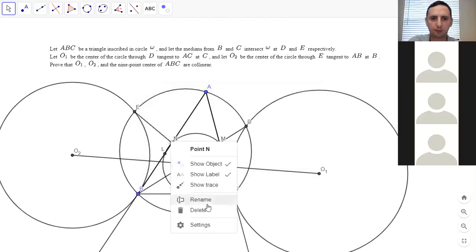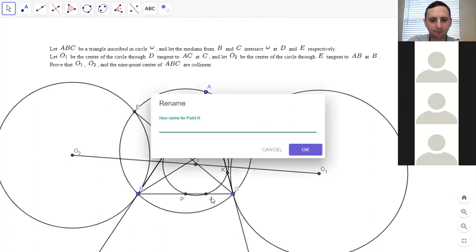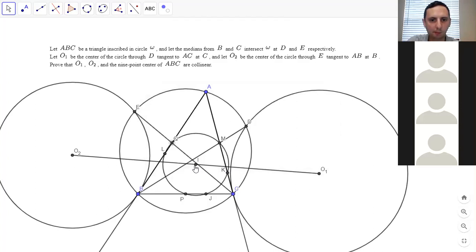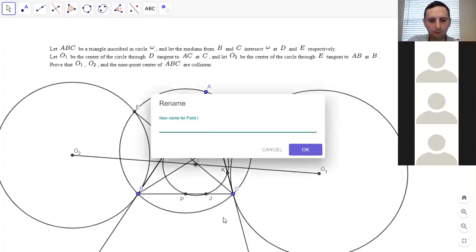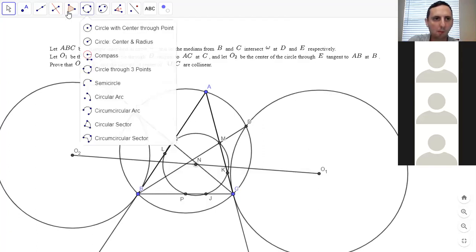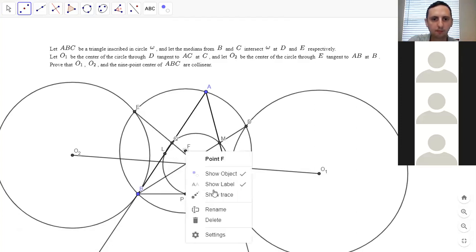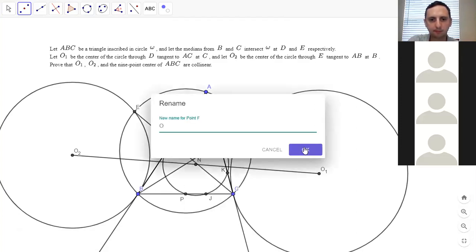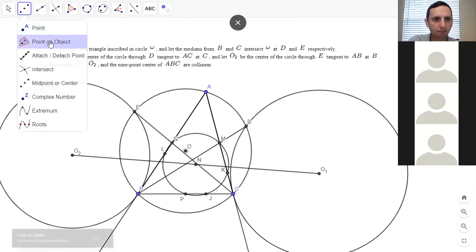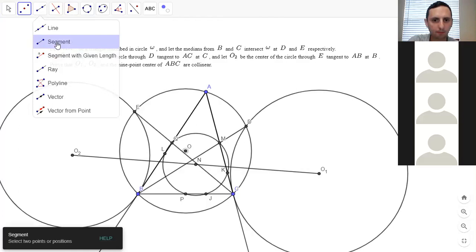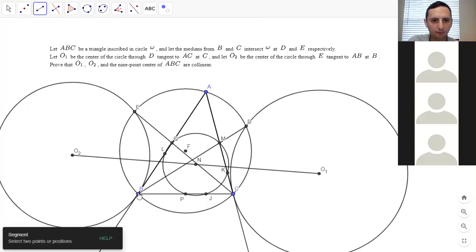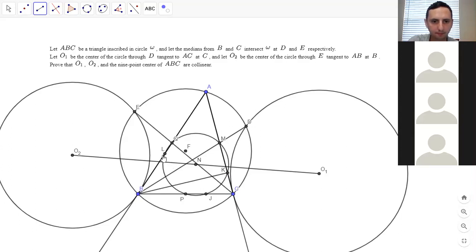I want the 9-point center to be N. So here's the altitudes. I like this diagram. That's H.